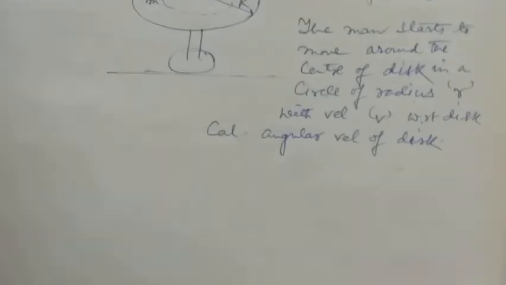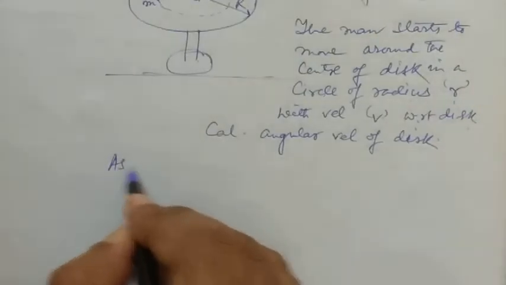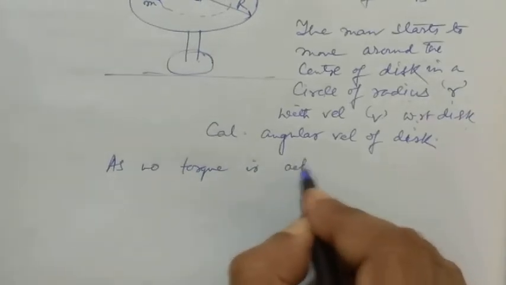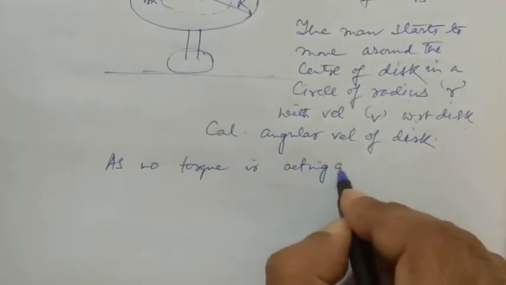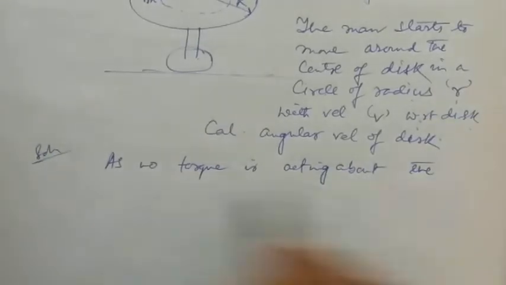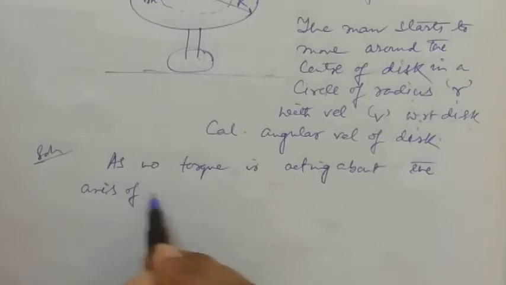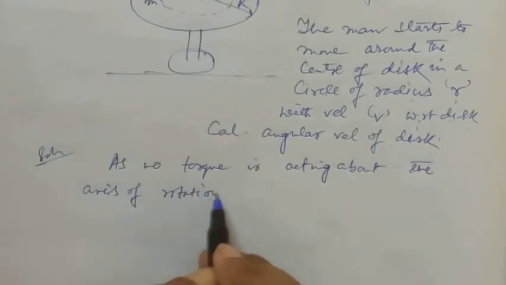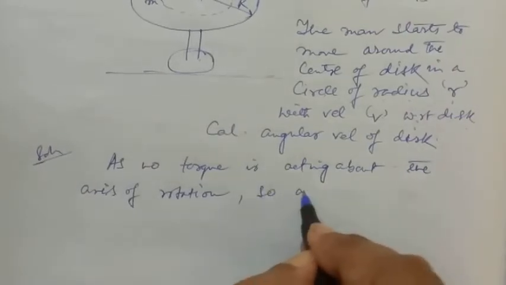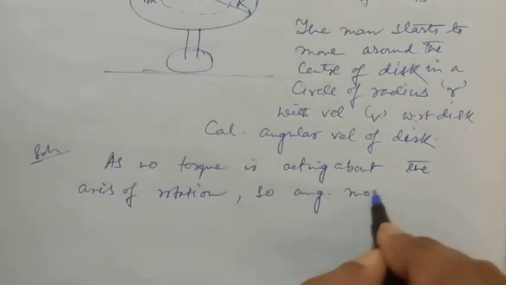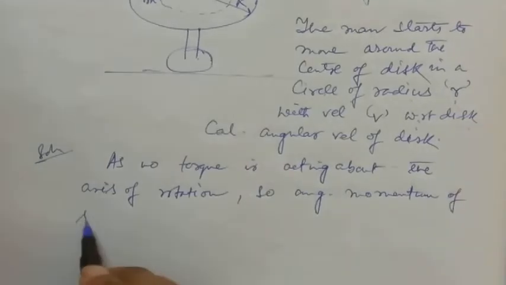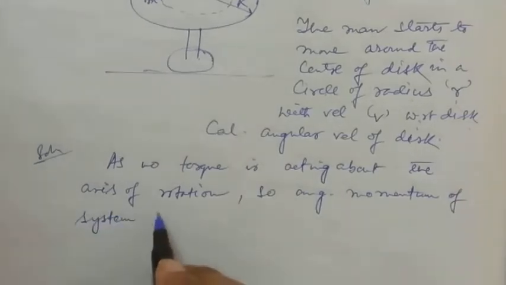So we can write, as no torque is acting about the axis of rotation, the angular momentum of the system remains constant. Now what are the components of the system?